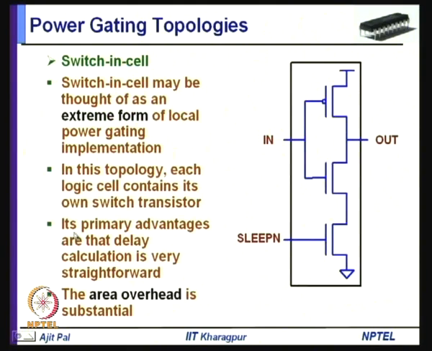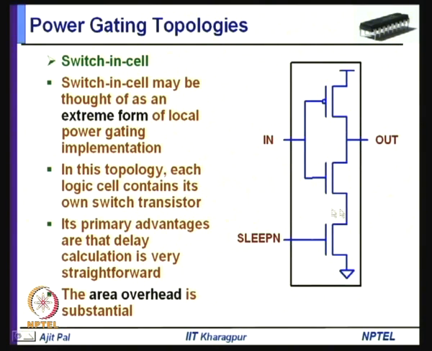Coming to the third topology, this is known as switch in cell. Switch in cell may be thought of as an extreme form of logical power gating implementation. In this topology, each logic cell contains its own switch transistor. As you can see, this is an inverter, and this inverter is provided with an additional transistor.